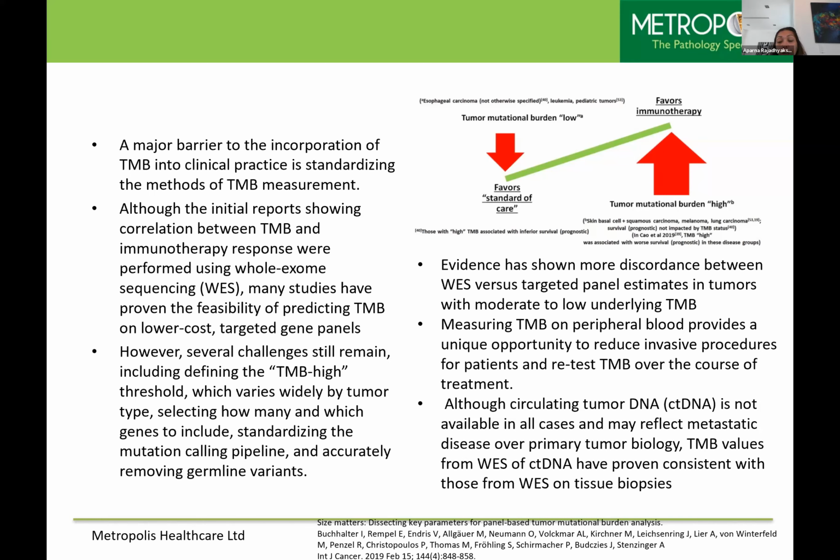So far, the data has shown that whole exome across various assays is consistent. It's very hard to follow tumor mutational burden by sending it to one lab and then a second test to another lab. It should be done with one lab, because then the cutoffs remain consistent.